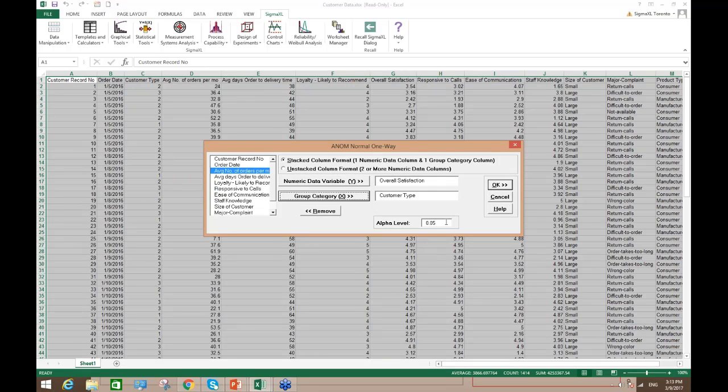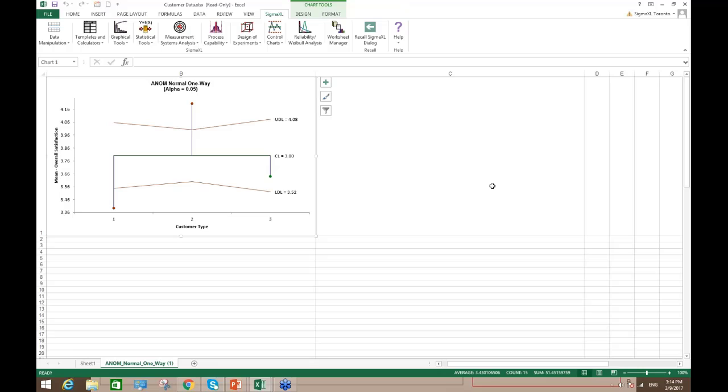The typical alpha level that we will use is 0.05, or 95% confidence level. Those H critical values adjust to ensure that the chart alpha level is 0.05, or 95% confidence level. And we'll go ahead and run that.